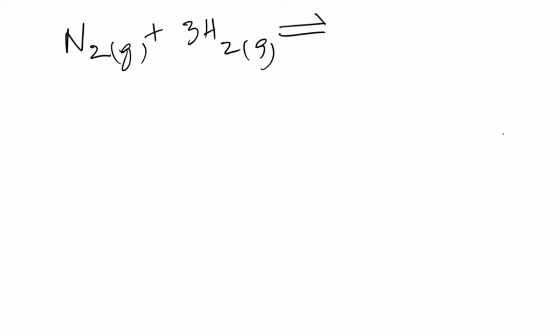So we look at heterogeneous catalyst. The example would be manufacture of ammonia, N2 gas plus 3H2 gas. We should be writing reversible arrows at this point of time, giving 2NH3. And the catalyst that we use is platinum.